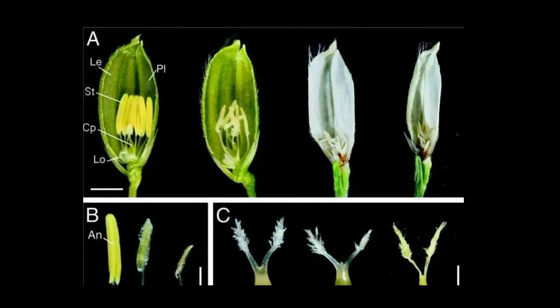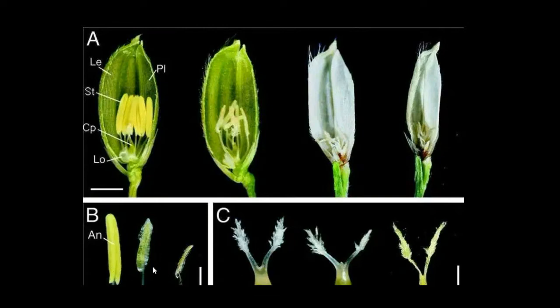This is the carpel, and this is the ovary. This is the stigma, and this is the style. The stigma is divided into two parts. The stigma is feathery, a feather-like structure, and this is the stamen. This is the filament. This is the anther.